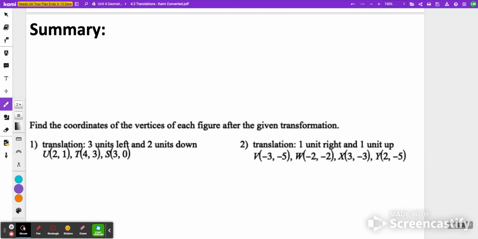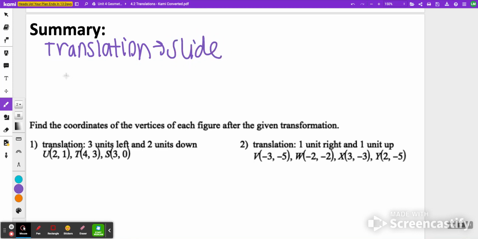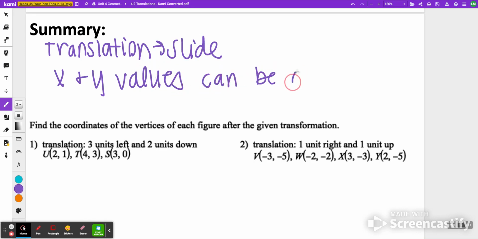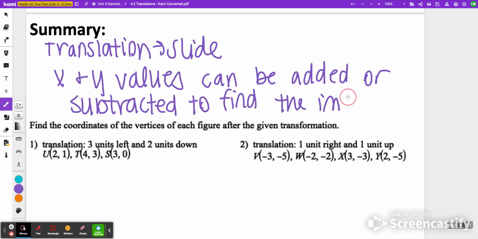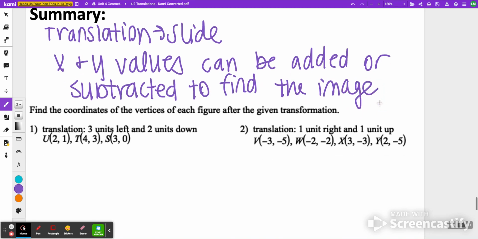So, in summary, a translation means to slide, and your x and y values can be added or subtracted to find the image. So that's what we're actually going to try here with these two questions.